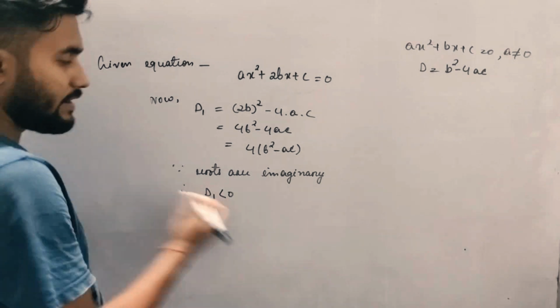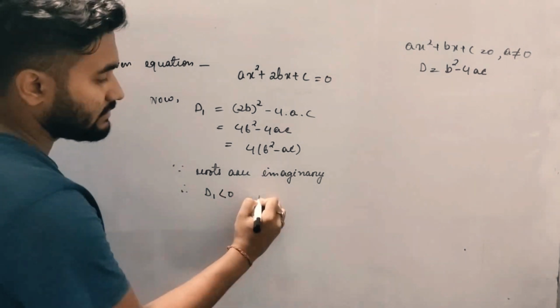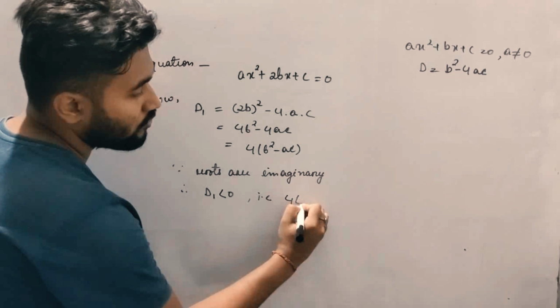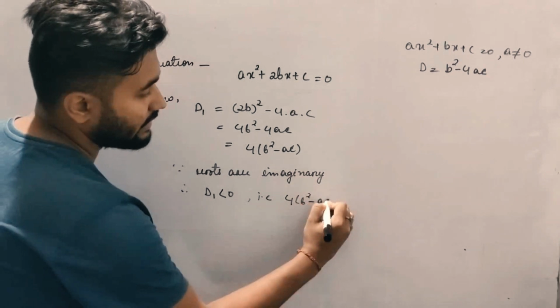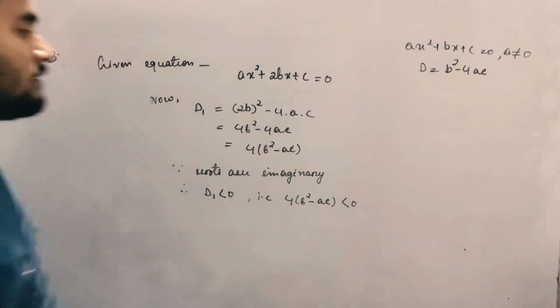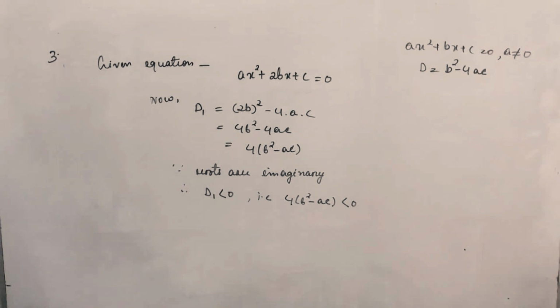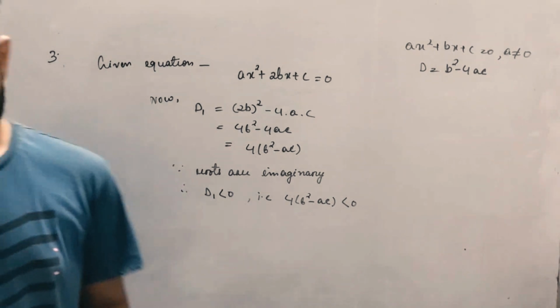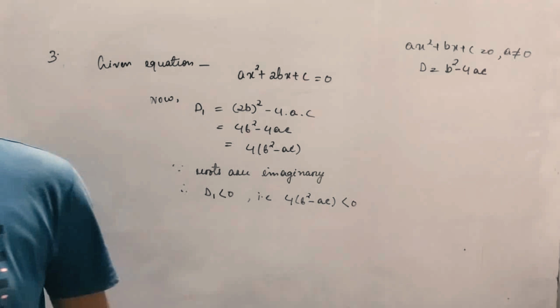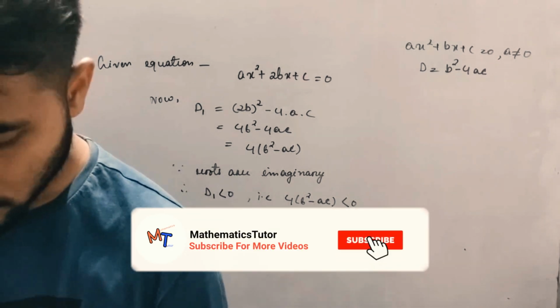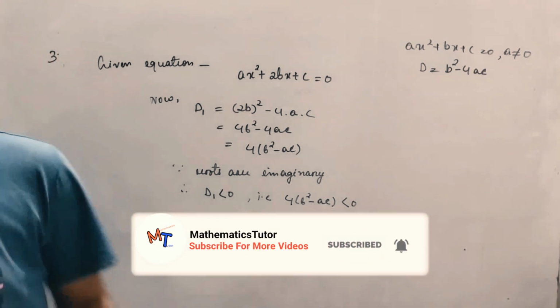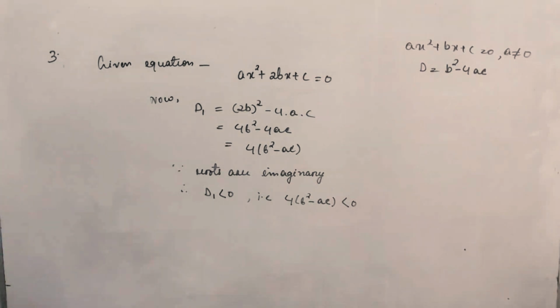Discriminant is less than 0. That is, 4 times b square minus ac will also be less than 0. Done? Okay. So now what we have to find? We have to find for that equation whether the roots are imaginary or not. We have to show that the roots of that equation are also imaginary.